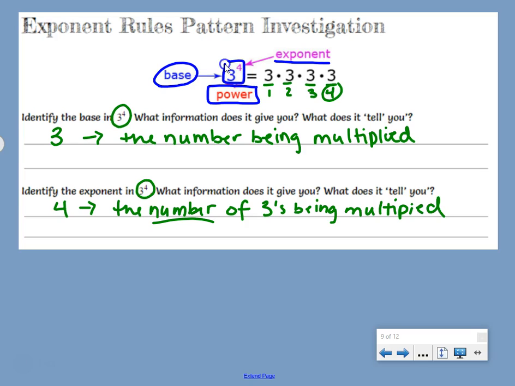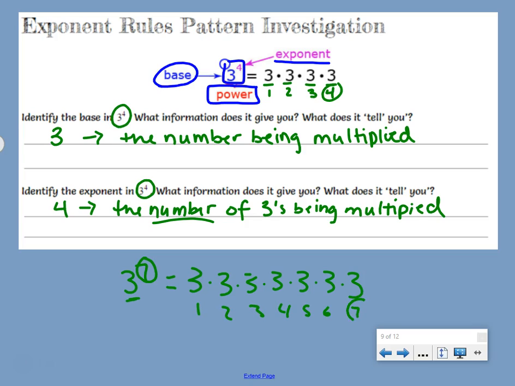So if we had 3 to the 7th power, we'd be doing 3, that's the number being multiplied, 7 times. We'd have 3 times 3 times 3 times 3 times 3 times 3 times 3. That's how many times you would see 3. 1, 2, 3, 4, 5, 6, 7 times.